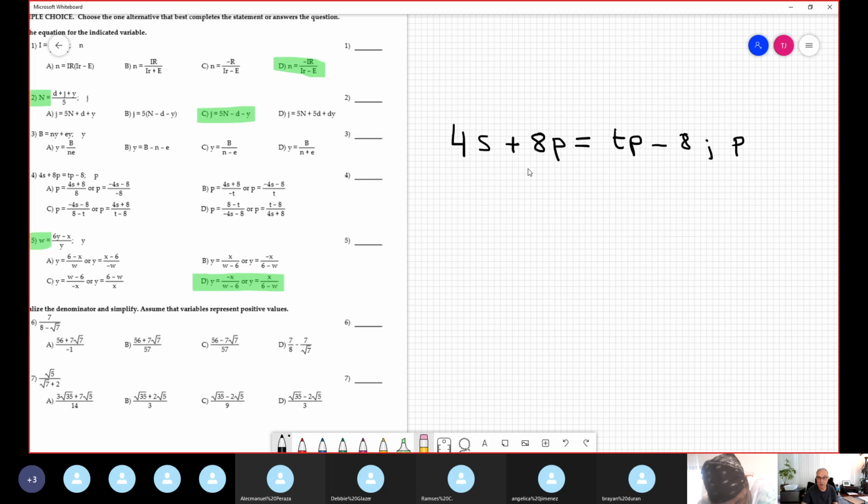Well, I suppose 4s stays here, equal sign. TP stays here, bring down. AP I move to the right, like a minus, and A I move to the left, like a positive.